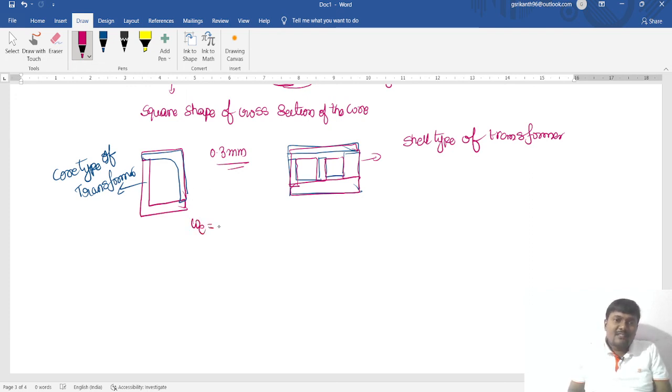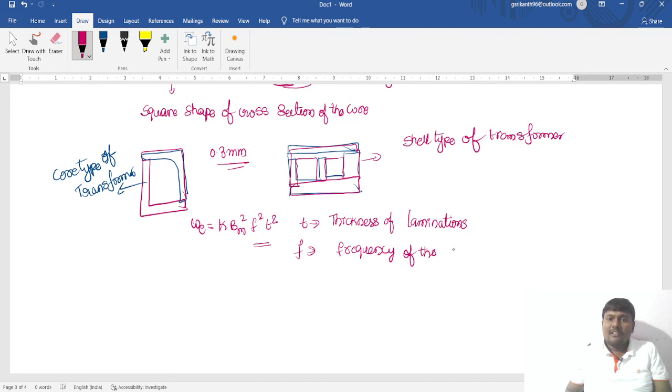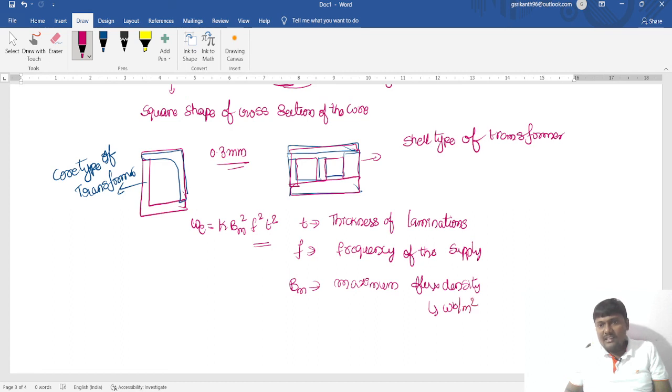The eddy current loss formula is equal to K into B max square F square T square, where T is the thickness of laminations, F is the frequency of the supply, and B max is the maximum flux density, that is Weber per meter square.